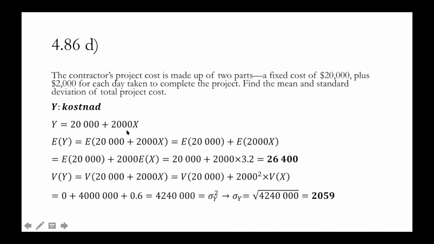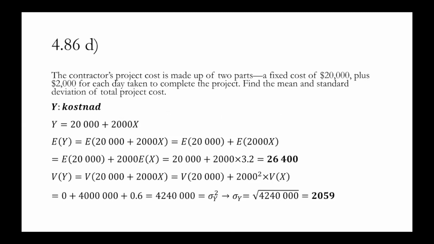So the contractor's project cost is made up of 2 parts: a fixed cost of 20,000 plus, in Swedish it's called rörlig, a variable part. You get paid 2,000 for each day to complete the project, and the task here is to find the mean and standard deviation of total project cost.